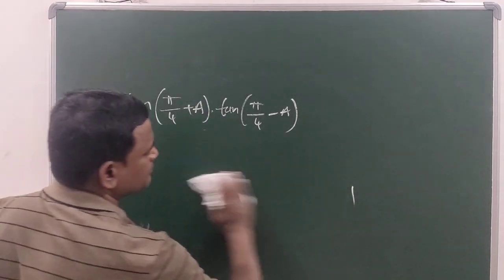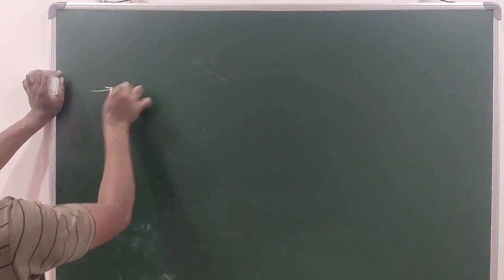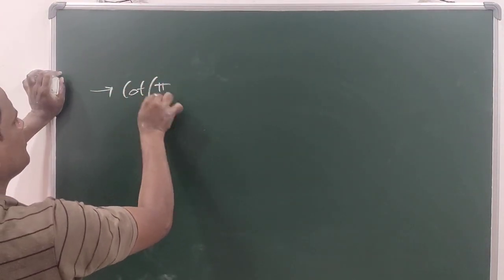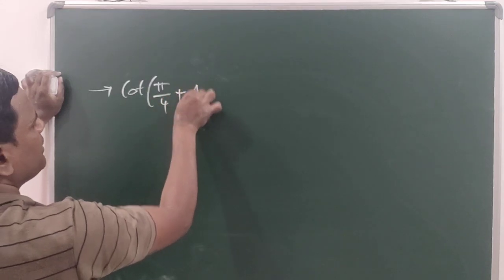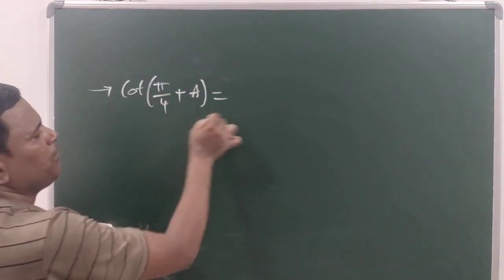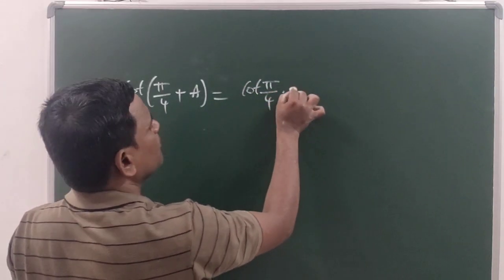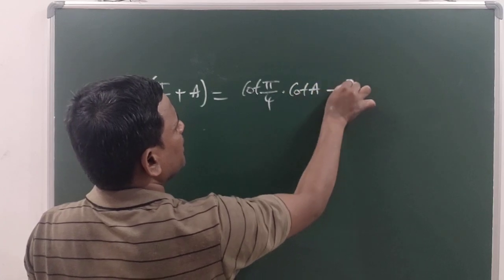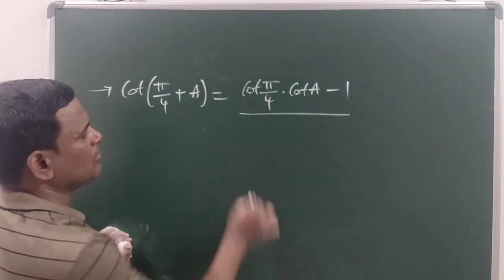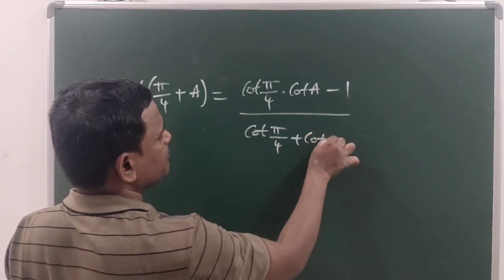Next, cot(45 + A). Now expand it, it looks like cot(A+B), which is (cot A cot B − 1) by (cot A + cot B).